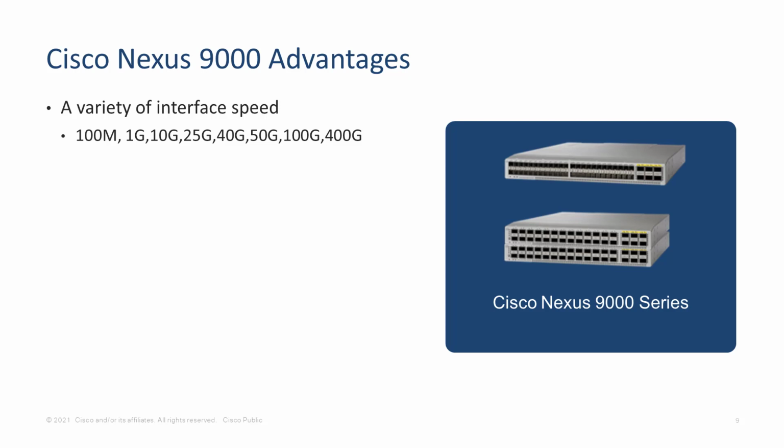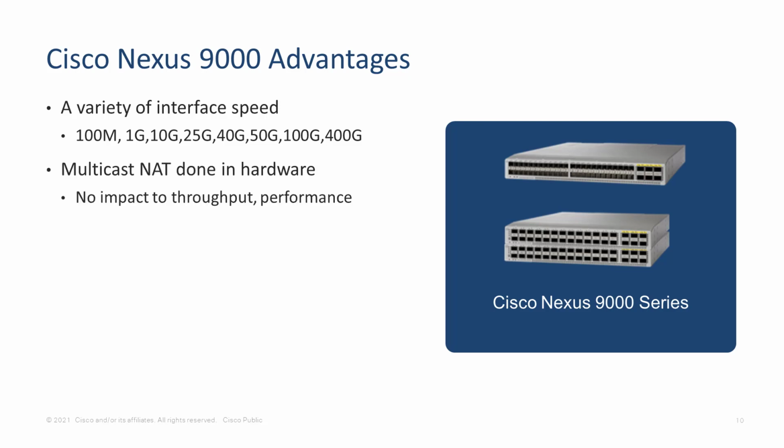Now, the biggest advantage of using the Nexus 9K to do some of this functionality is, one, you can do all of this at line rate. And today we have switches that are 400 gig enabled, so you can go all the way from a 100 meg switch to a 400 gig switch and do all of these service reflections and network address translations without impacting performance or throughput.